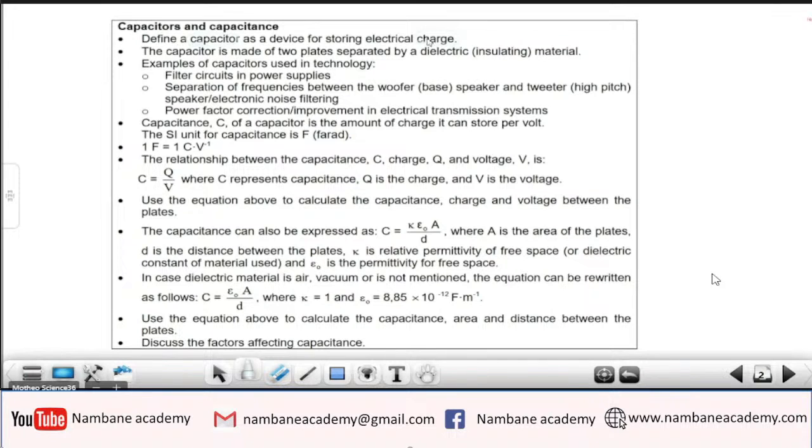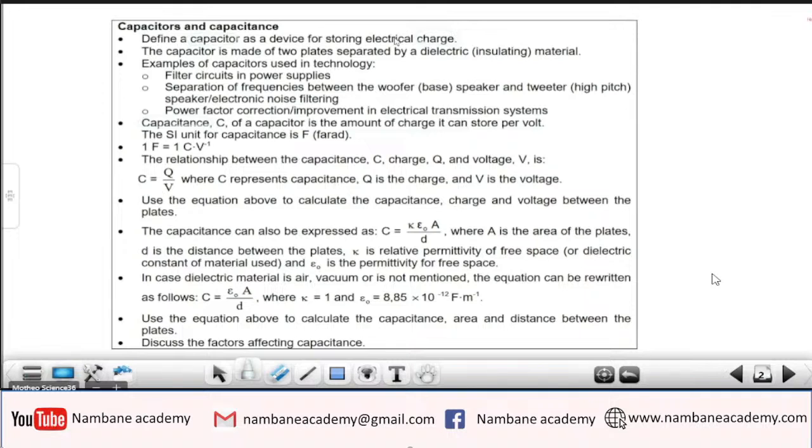The second definition that they can ask you is capacitance. Sometimes an examiner is like, everyone knows capacitor, but do they know capacitance? They have to calculate it. So capacitance is the amount of charge it can store per volt. And we will look at this when we deal with the formulas, because the definition is also the formula.